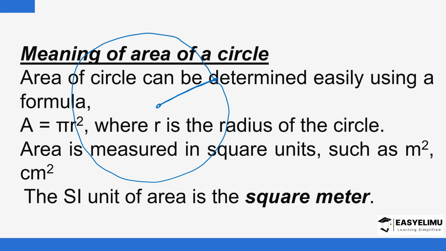So the path that is traced by that, this area here, it could be maybe some animal like a goat or a cow that is tethered. This animal has the ability to graze in this whole region here. That is what you're calling the area of a circle.